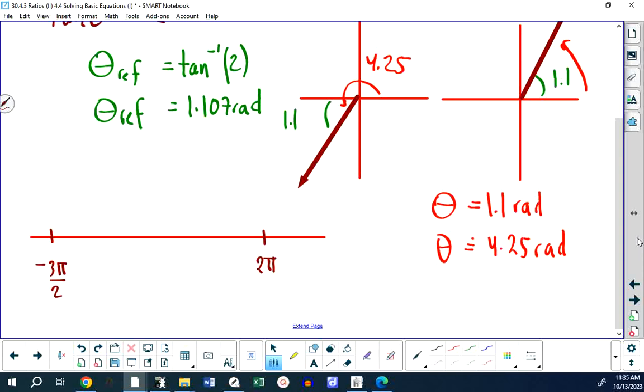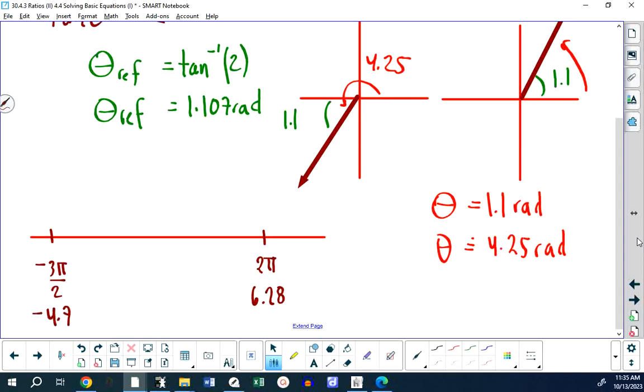And I want you to figure out what those numbers are in approximate decimal form. I know 2 pi is 6.28-ish. Negative 3 pi over 2, I'd have to think about, so maybe you can tell me. Negative 4.7.